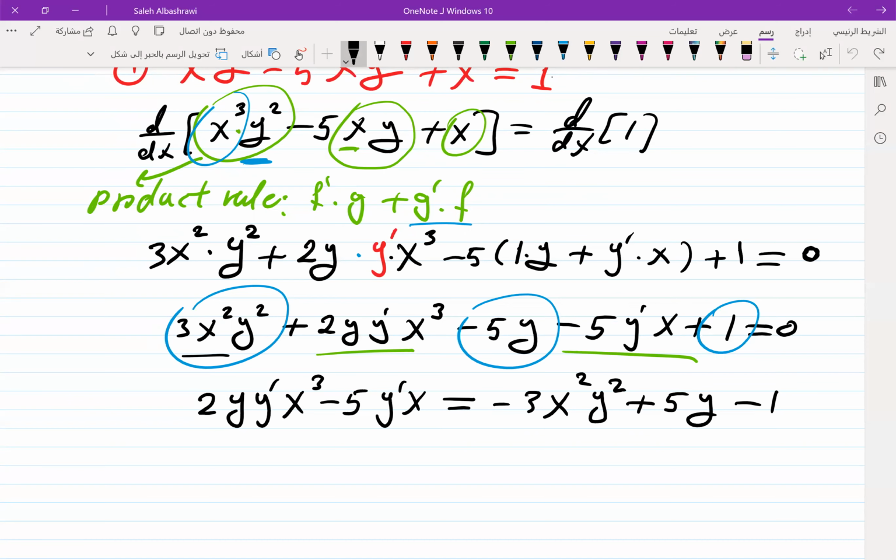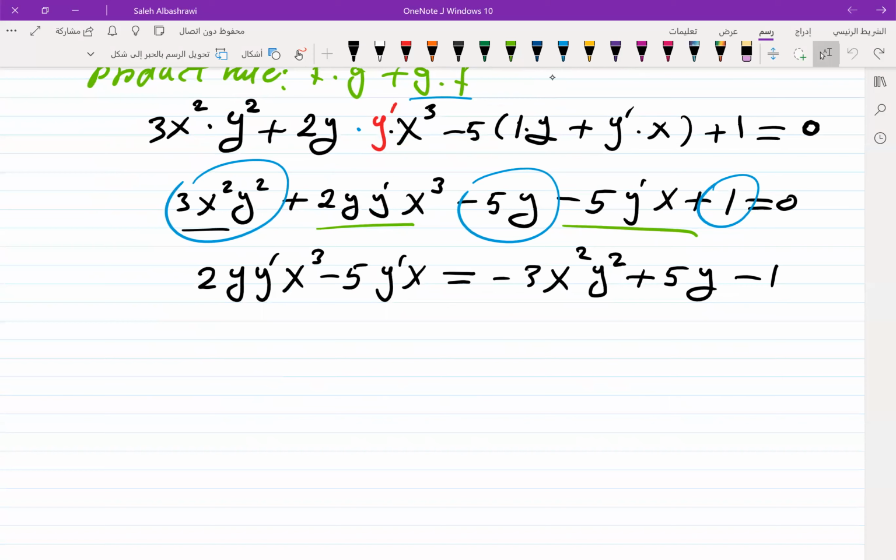Now in the left hand side we have y prime as a common factor. I will take it as a common factor.